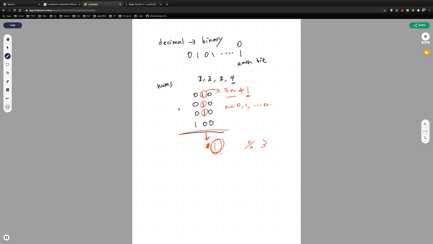One, the count mod 3 becomes 0. Then that means the single number on that bit is 0. Two, if the count of 1 bits mod 3 becomes 1, then that means the single number on that bit is 1.